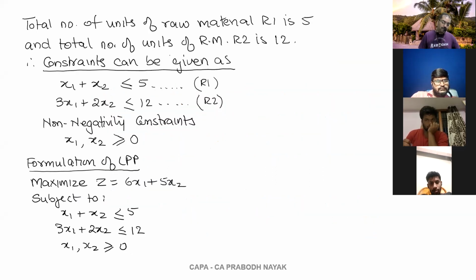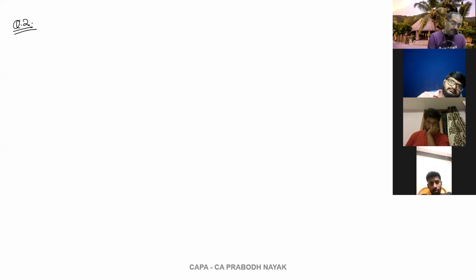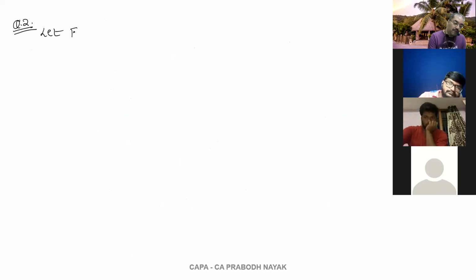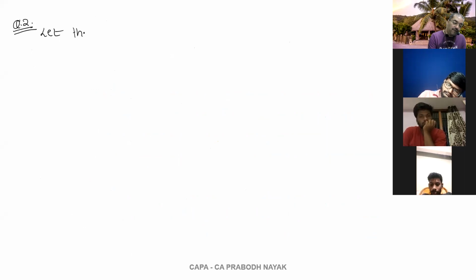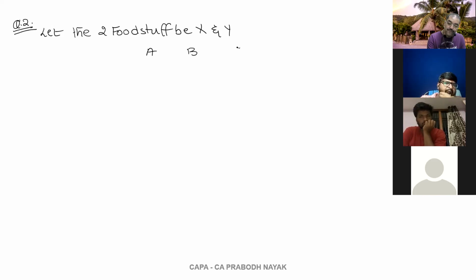So what we will do is, let the 2 foodstuffs be X and Y. So if I have vitamins A, B, and C, and the cost, against foodstuffs X and Y, let us try to get this table.